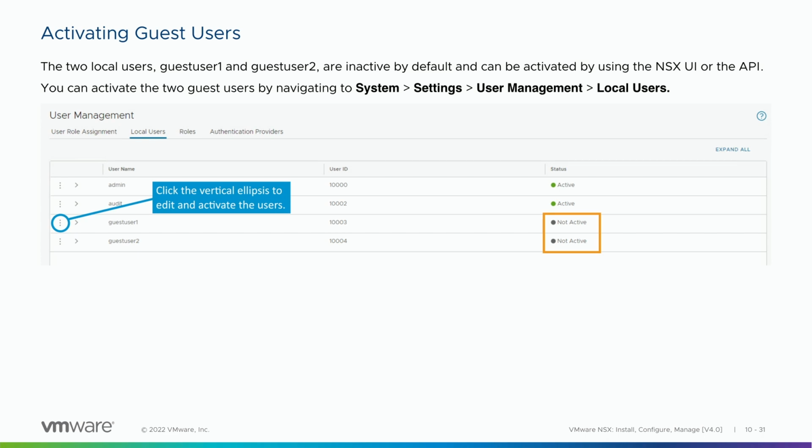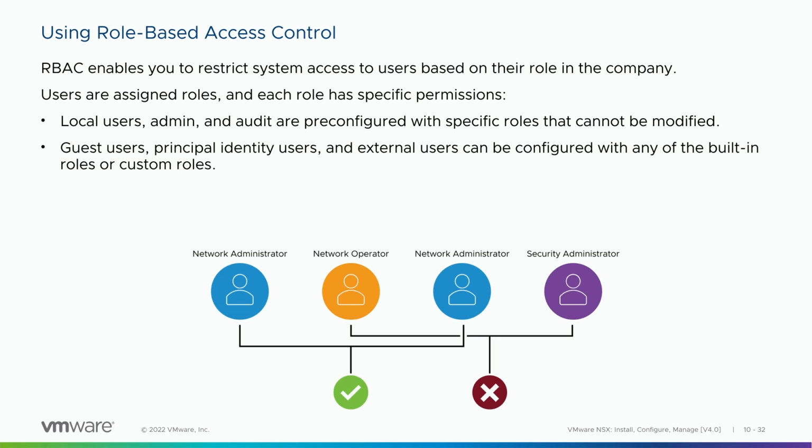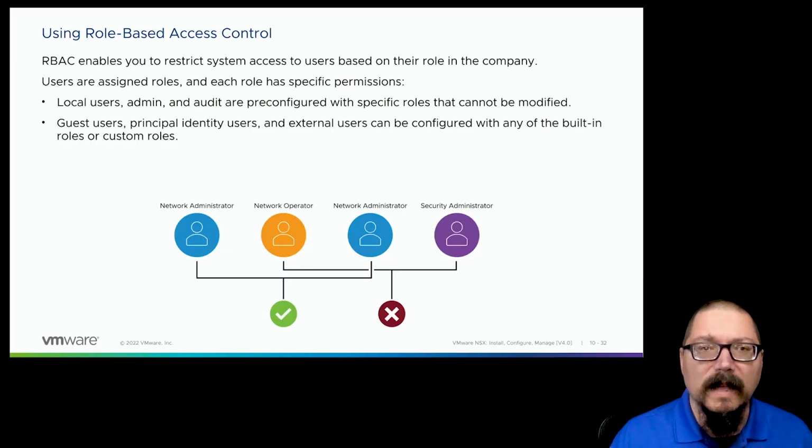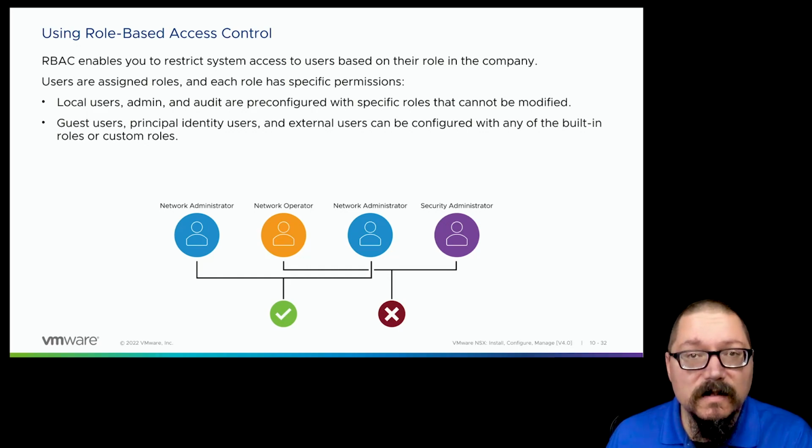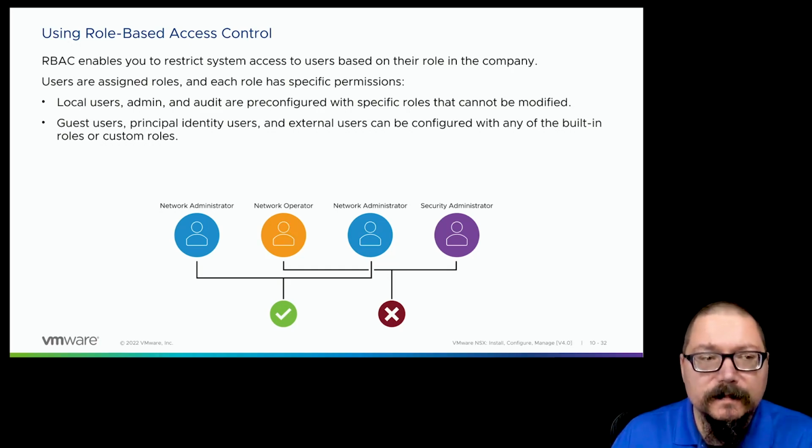Naturally, I'm also going to need to set a role to go with that guest user as well. But instead of using guest users, more often than not, we're going to assign roles to maybe LDAP or Identity Manager users. Those roles are ultimately going to govern what that user is available to do. So we're going to work with that.